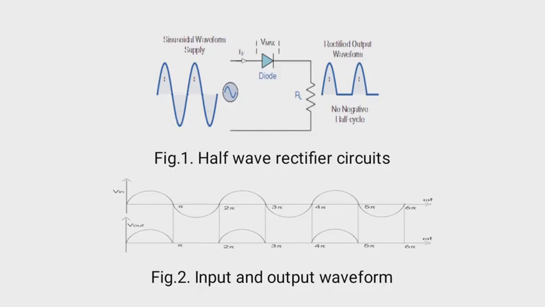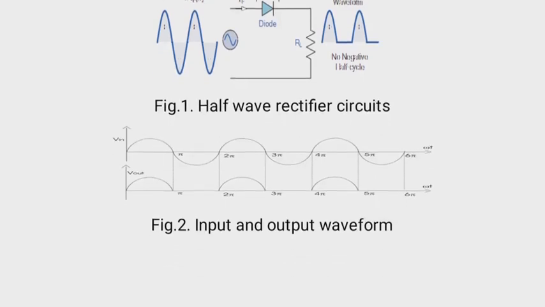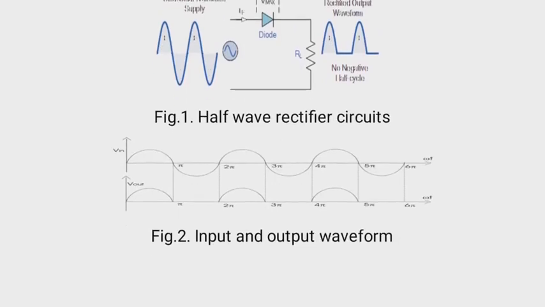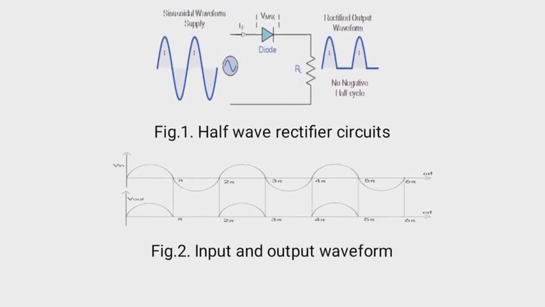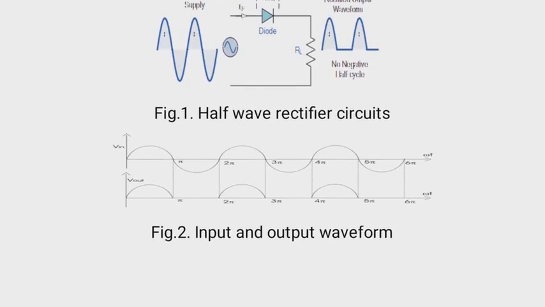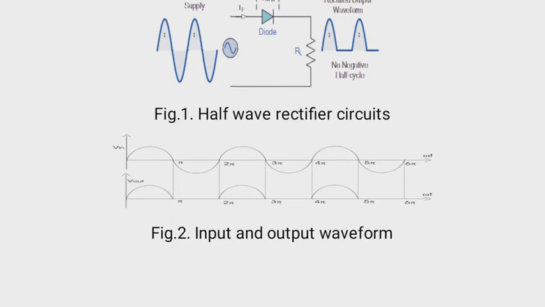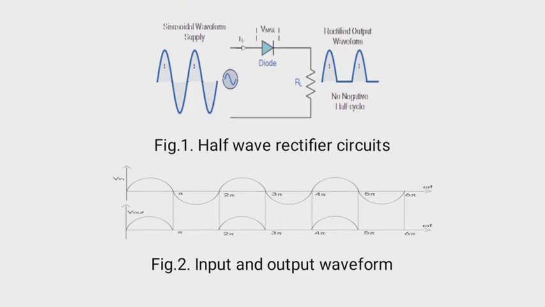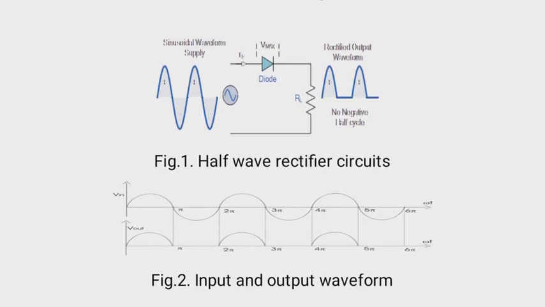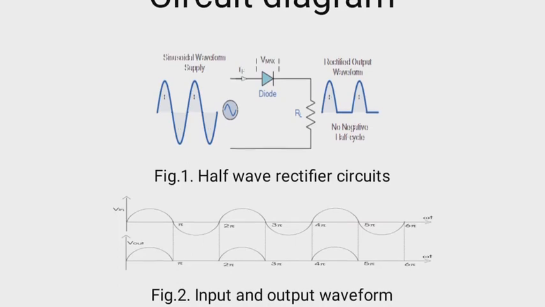So in this waveform we can see Vin, the applied input voltage, which is the sinusoidal signal, and Vout, the output voltage across the diode towards the load terminal. One cycle will be completed within the range 0 to 2 pi.